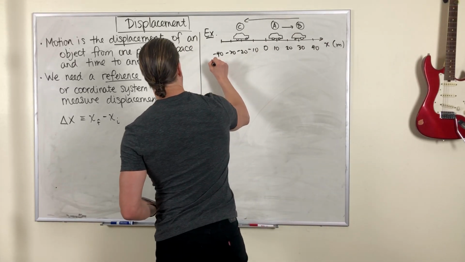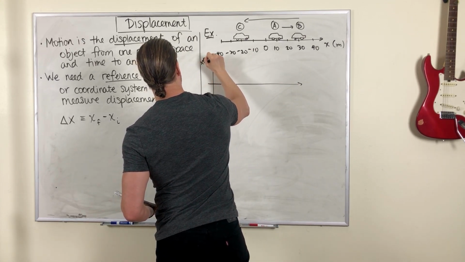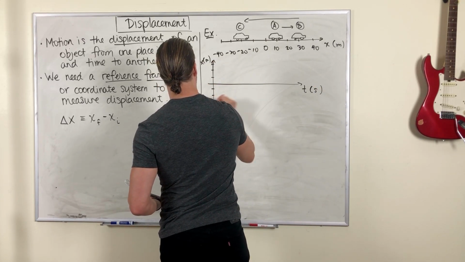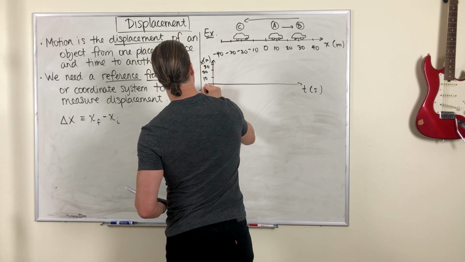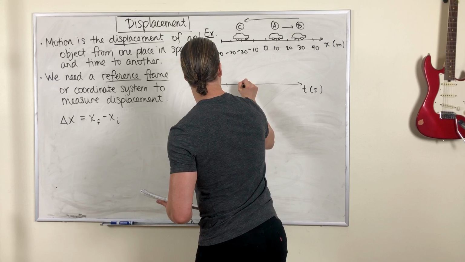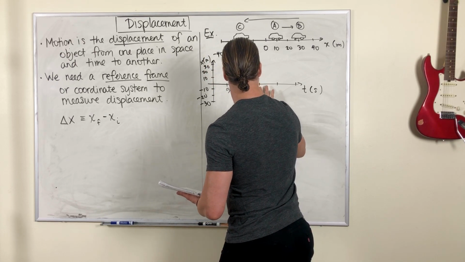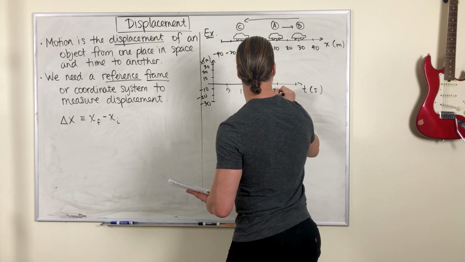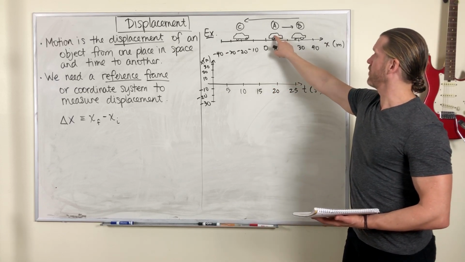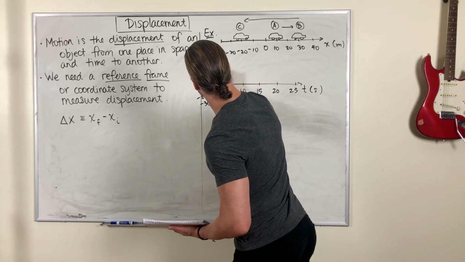We could, for instance, draw a graph of position versus time. To graph this motion, let's say the car starts out at location A at time 0, which means it's at 10 meters at time 0.